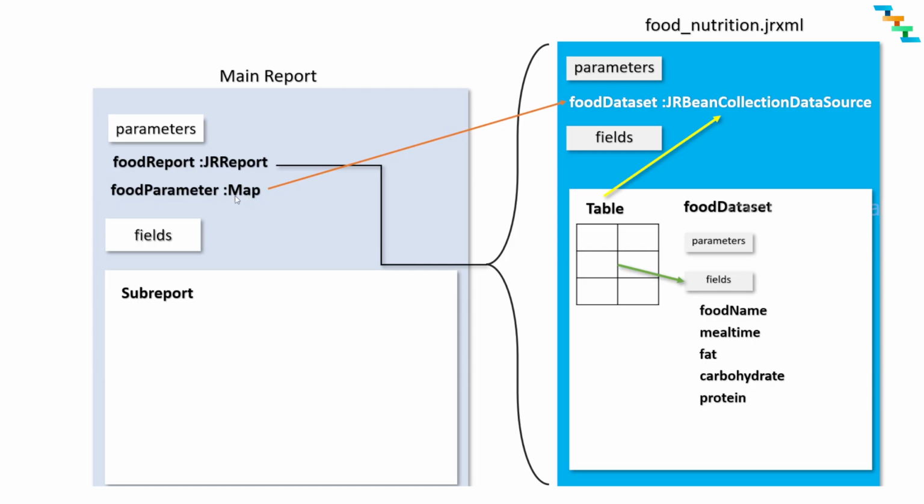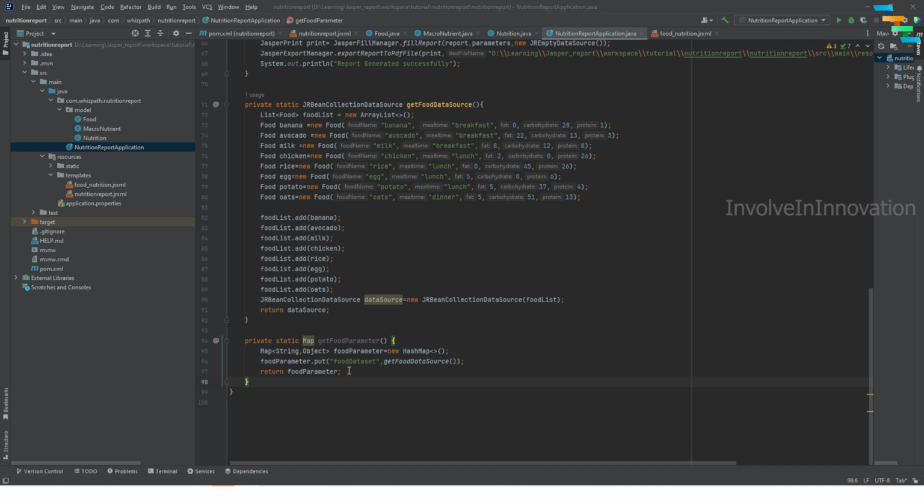If you see this diagram again, the food parameter is a map, and in the food parameter we have foodDataset. So we are creating a foodDataset key in the food parameter, and we are putting the data source as the value for this particular key. That's what we are doing here.